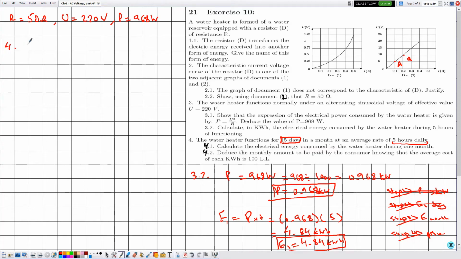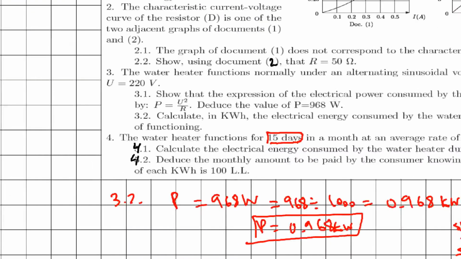In 4.1, they are telling me to calculate the electrical energy consumed by the water heater during 1 month. And we are asked for step 3, which is given by E. So here we are talking about the monthly consumption, which is given by E corresponding to 1 day multiplied by the number of days, which is equal to E1, which is equal to 4.84 multiplied by the number of days, which is given by 15.